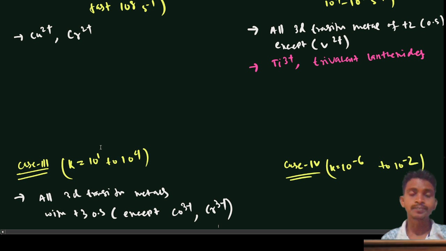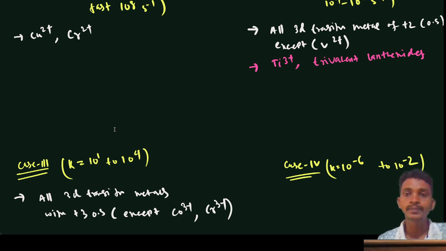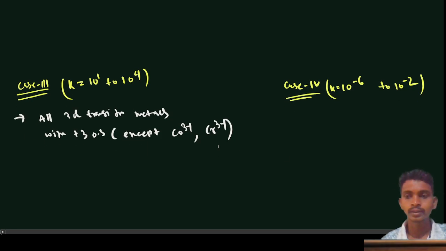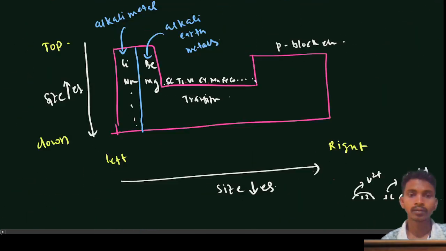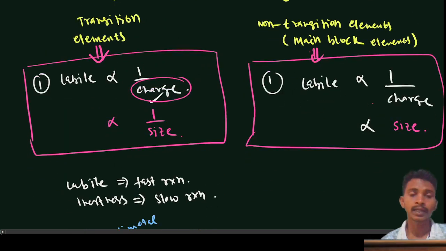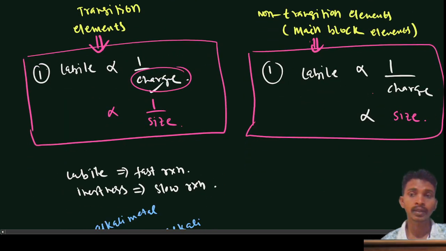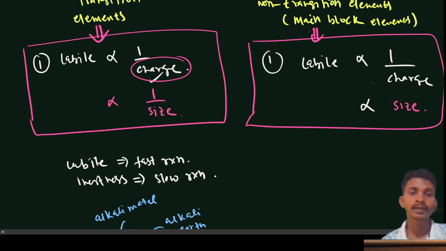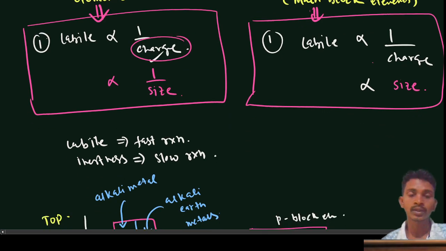You see here that for transition metal complexes, the charge should be low for labile or fast reactions, and the size should be low. So for labile, the transition metal size should be low and charge also low.